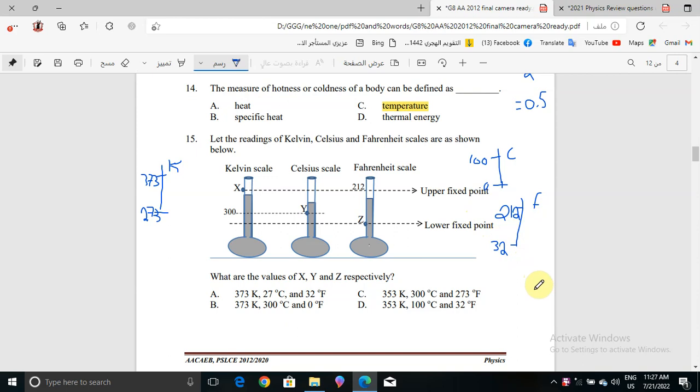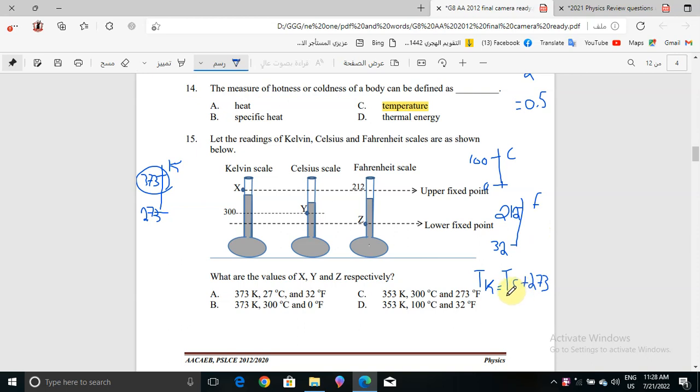And the formula for Kelvin: the temperature in Kelvin is the temperature in Celsius plus 273, right? Now we found 373 here, and we need to convert to degrees Celsius.